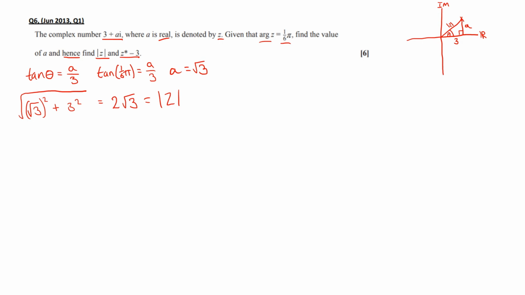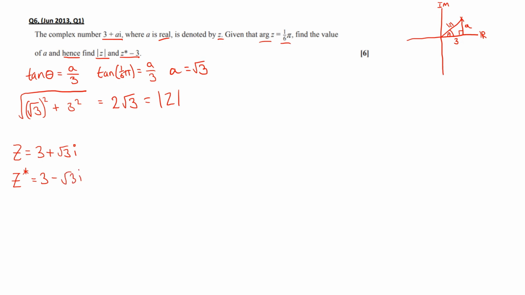That's that. And then hence find the conjugate of z minus 3. So the conjugate of z, we know that z is equal to 3 plus root 3i. So therefore the conjugate is going to equal 3 minus root 3i.